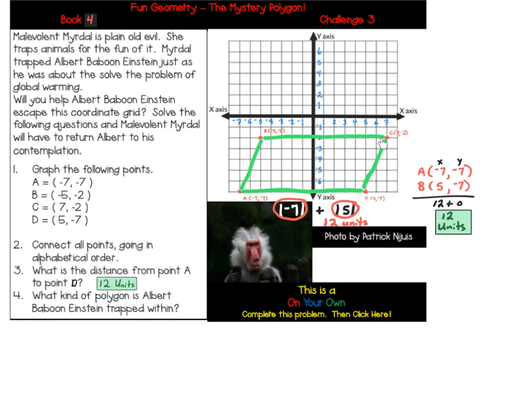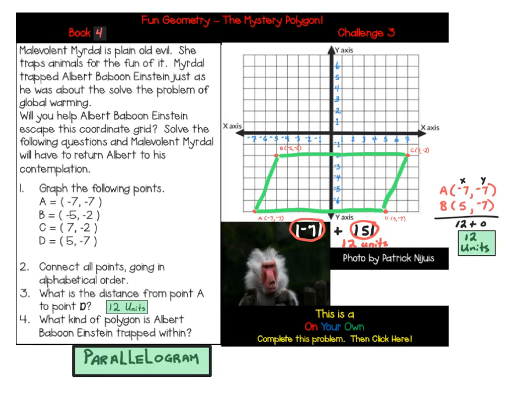And this line is the exact same size as this line, otherwise known as congruent. So this is congruent to this. And this line is congruent, or the same size as this line. And that makes this quadrilateral a parallelogram, my friends. And hey, that is all you needed to do to solve this entire problem.